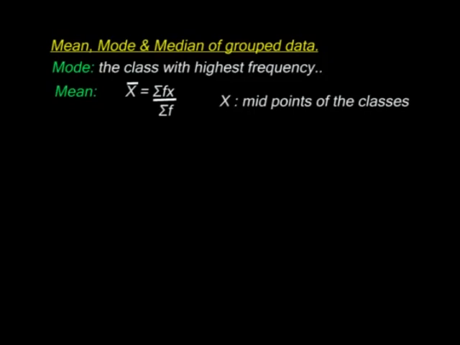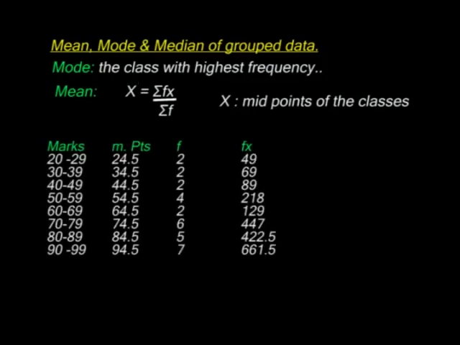Let us take an example, and on your screen we have a table representing a certain data. On the very extreme left, we have the marks. The group data 20 to 29, 30 to 39, all the way to 90 to 99. We then have a second column of midpoints. We add the class limits and divide by 2, we get the midpoints, which will be our x in this case, the individual items.